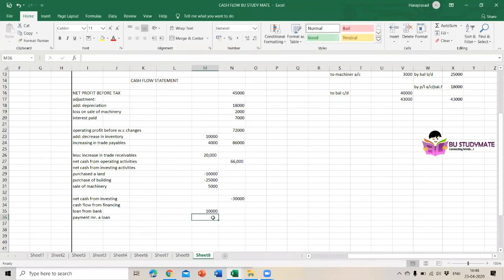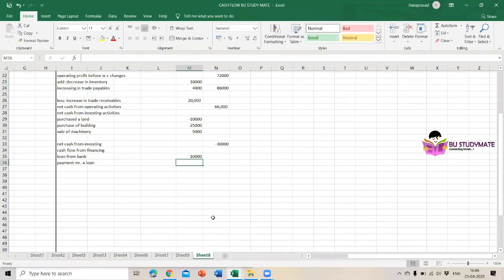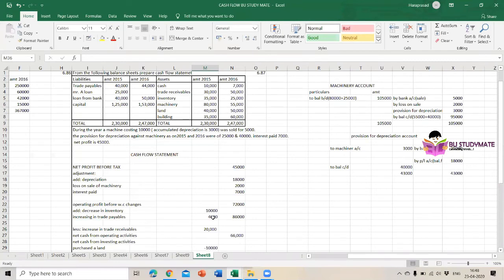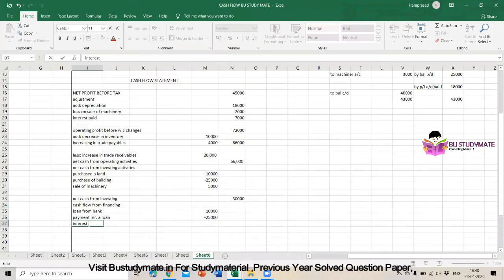How much is that? First in the balance sheet it has 25,000 and next year is 0, so we have to assume that we have paid the loan. Then interest paid. Interest paid is how much? 7,000 rupees.